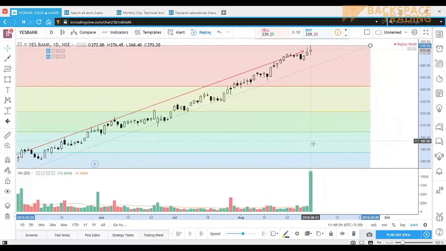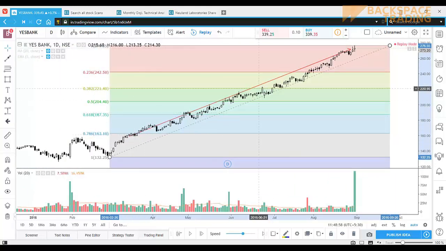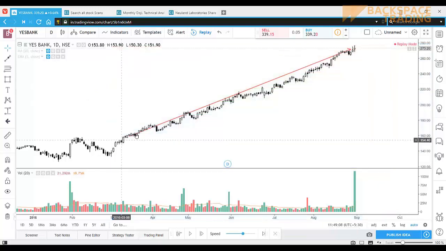Guys, let me tell you, this is counter trade only. What I am trying to do is counter trade, trading against the trend. The trend overall here is uptrend. What I am trying to do is trading against the trend. It's like swimming against the motion of the river.